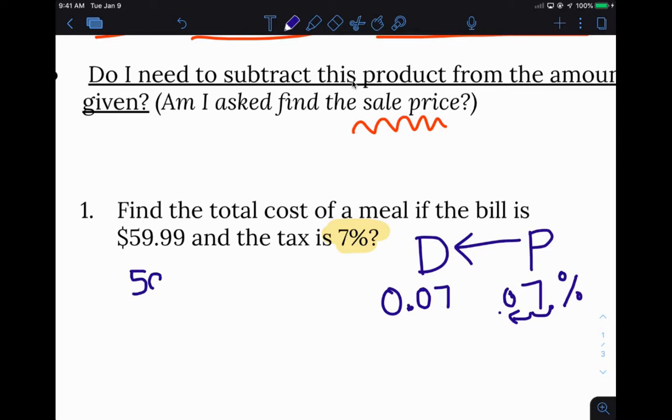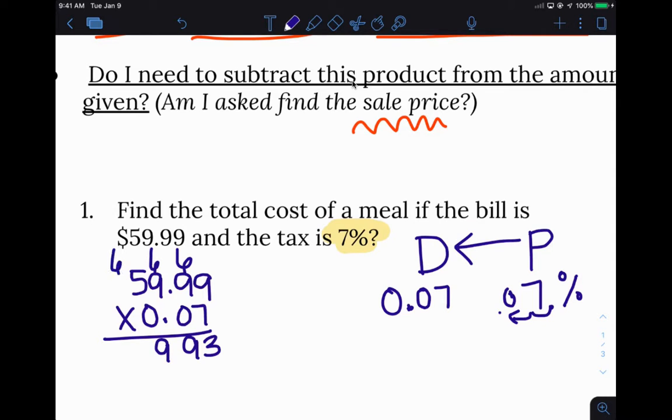So we will multiply 59.99 times 0.07. And then we go 7 times 9 is 63, 63 and 6 is 69, 7 times 5 is 35, and 6 is 41. And so we count the number of decimal places. We have 4: 1, 2, 3, 4.